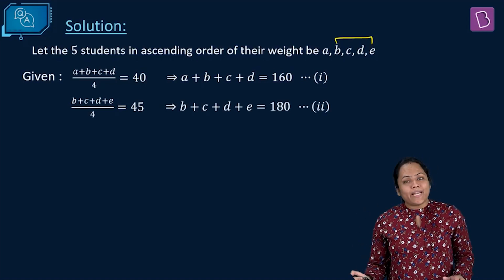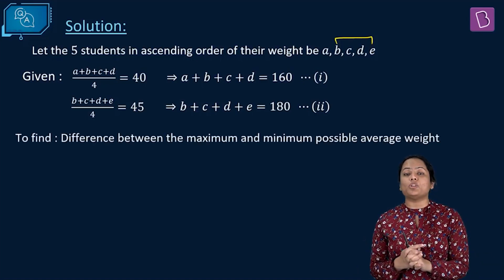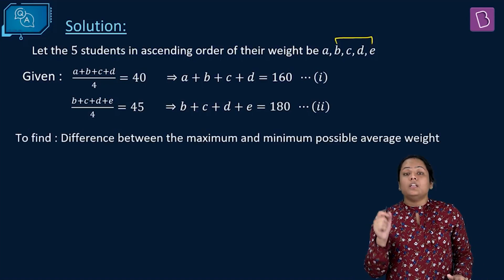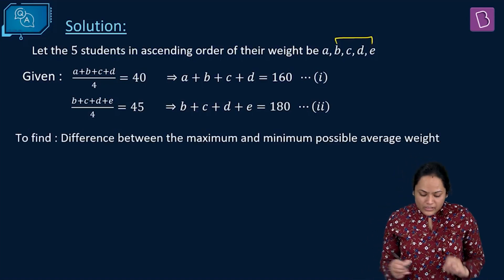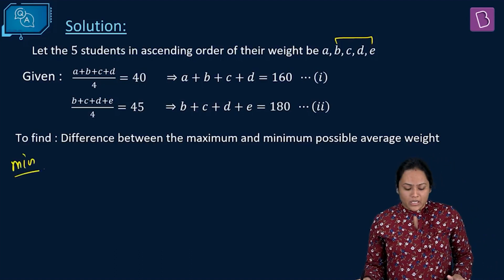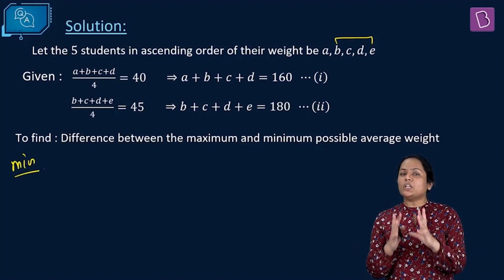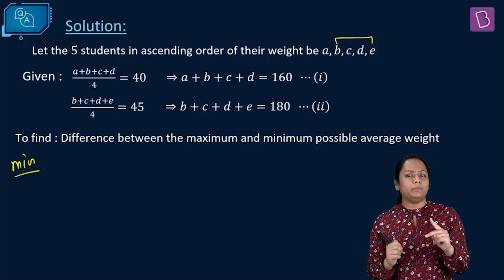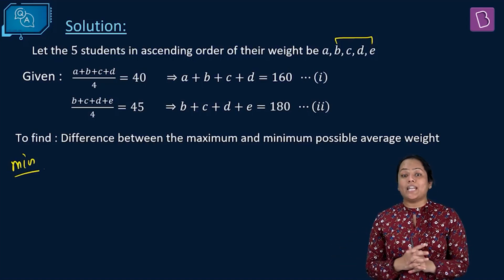And what do we have to find? Well, we have to find the difference between the maximum and minimum possible average weight. Now, to get the maximum and minimum possible average weight, first let's start with the minimum possible average weight. If we look at the first and second equations, I'll try to find a relation between two parameters, by which we'll further relate the entire question.